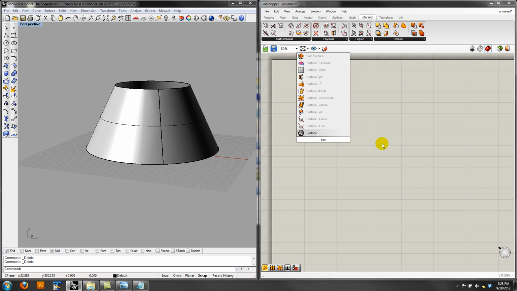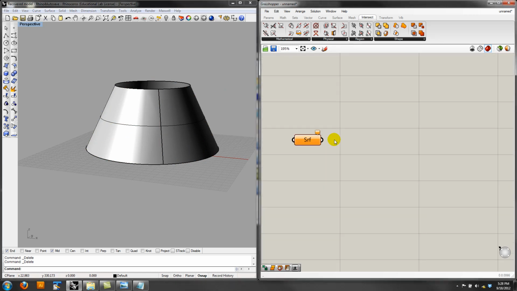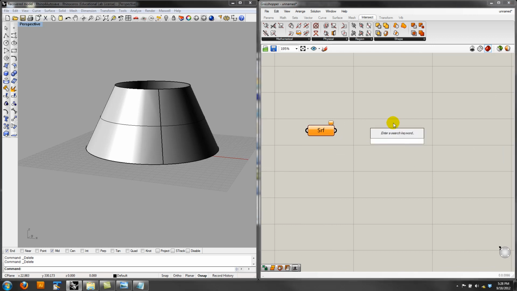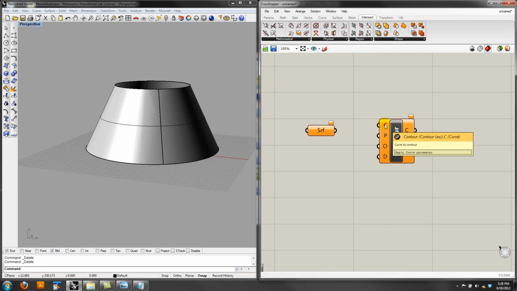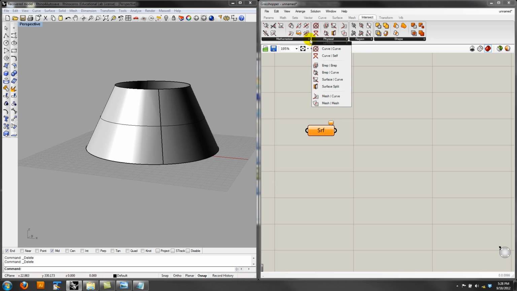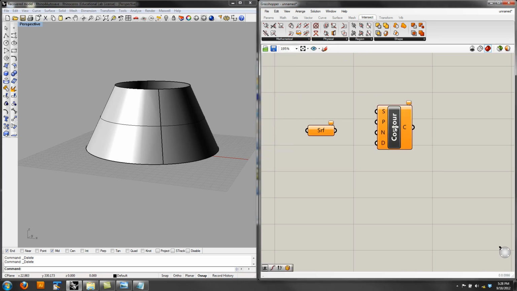In this case, I'm going to make a surface container, and then what I want to do is drop a contour object, if I can spell contour correctly. Contours take, actually I got the wrong one. It's under the intersect panel, and I want to look at contour. There we go. You've got to get the right contour here.